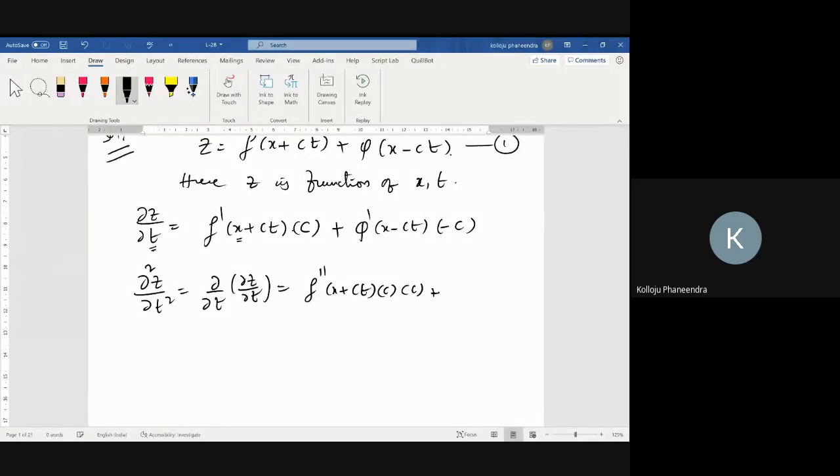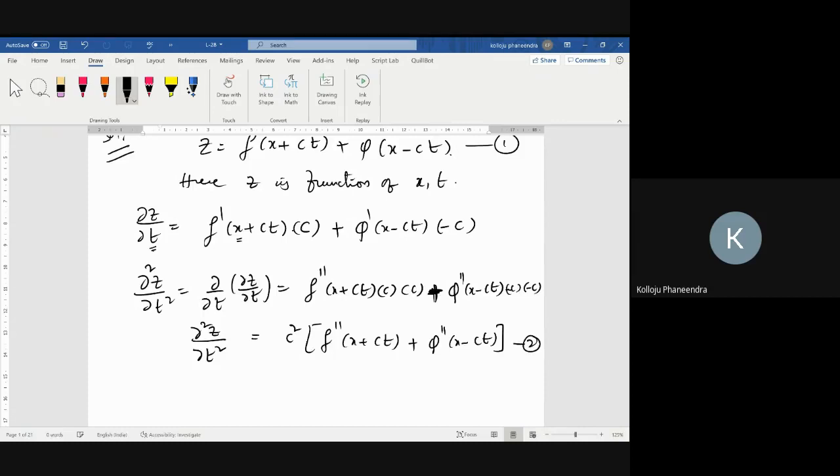Let me take plus phi double dash of x minus ct. Again x minus ct, already minus c is there, and for x minus ct derivative again one more c we will get. So finally c square is common. I'm getting what? F double dash of x plus ct plus phi double dash of x minus ct. This is the value of dou square z by dou t square, equation 2.